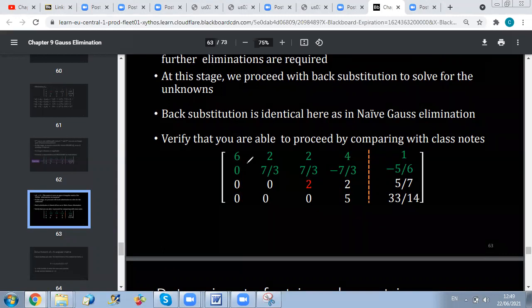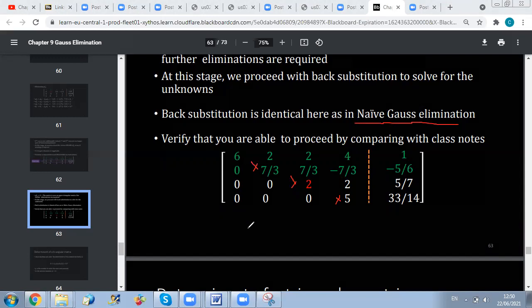The determinant is calculated as the product of the elements on the diagonal. So for example here, for this matrix, the determinant will be 6 times 7 over 3 times 2 times 5. Now in case you do naive Gauss elimination, you can say that the determinant of the full matrix is equal to the determinant of the resulting upper triangular matrix.